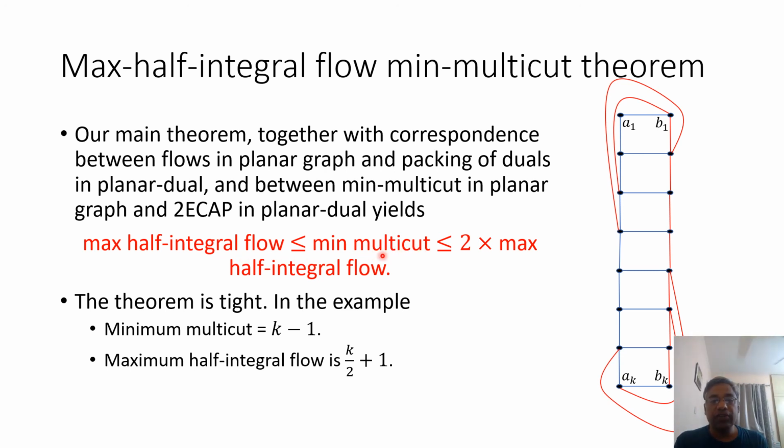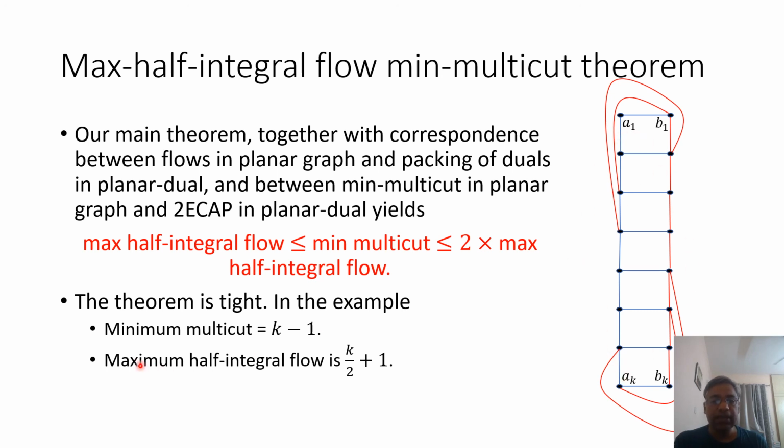And so what we have shown is that we've built a multicut whose size is at most 2 times the half integral flow that we've built. And since any half integral flow is only going to be less than the minimum multicut, we get this approximate max flow min multicut theorem, a max half integral flow min multicut theorem, which is also tight as is shown by this example here on the right.